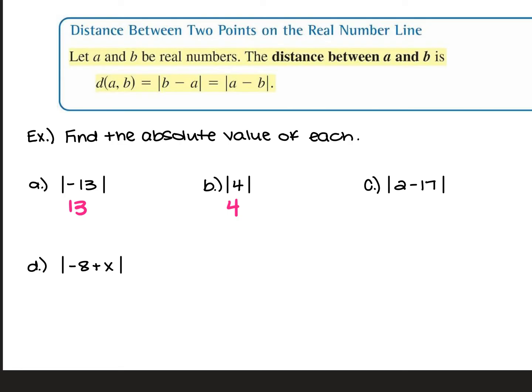For C, however, you have the absolute value of 2 minus 17. Remember, this is the same thing as saying 2 plus -17 on the inside. Your 17 is greater than 2. The sign in front of it is negative, so you're going to keep the negative and subtract the 2. So that's the absolute value of -15, which is just positive 15.